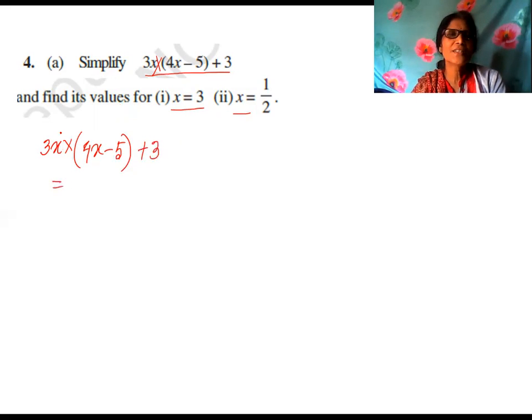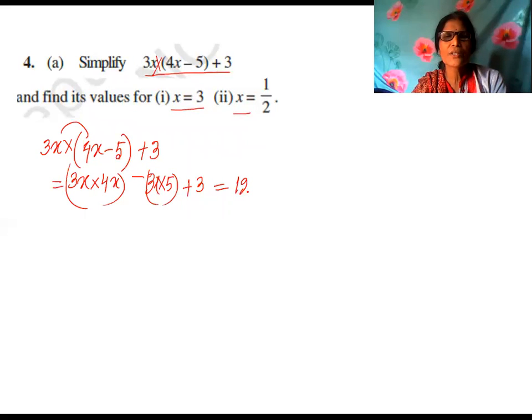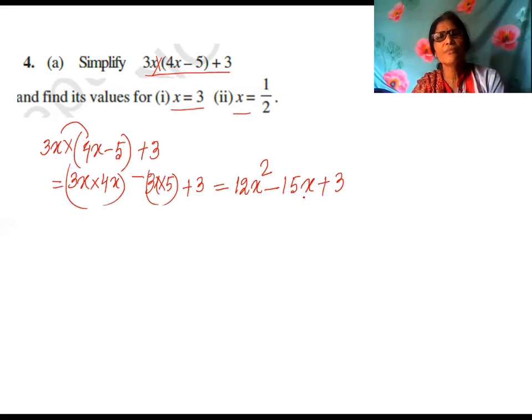So what is the result? 3x into 4x, minus 3x into 5, plus 3. 3 into 4 gives you 12x square minus 15x plus 3. So this is the simplified result.